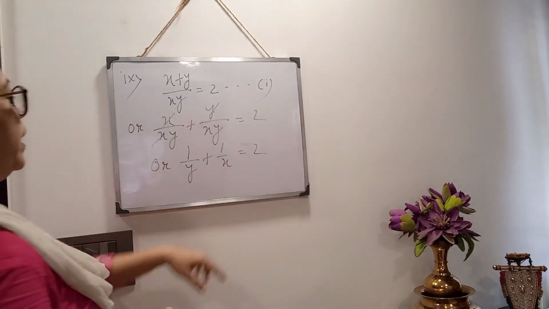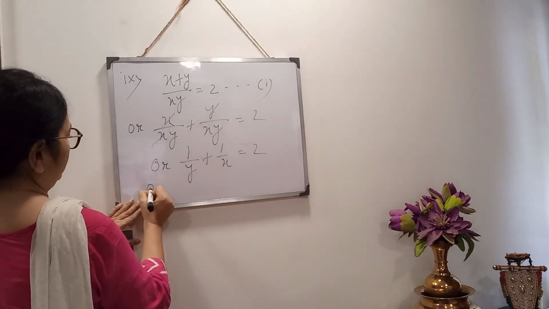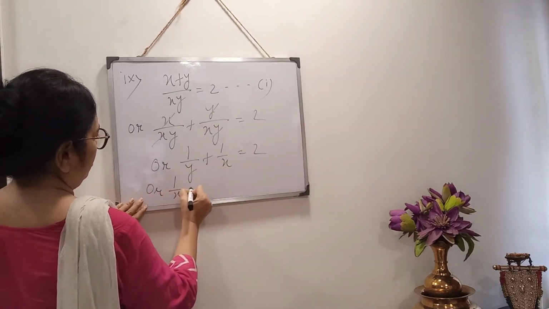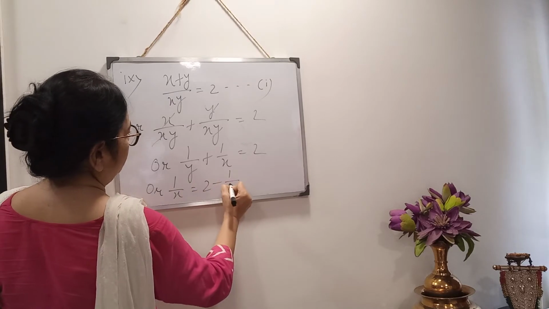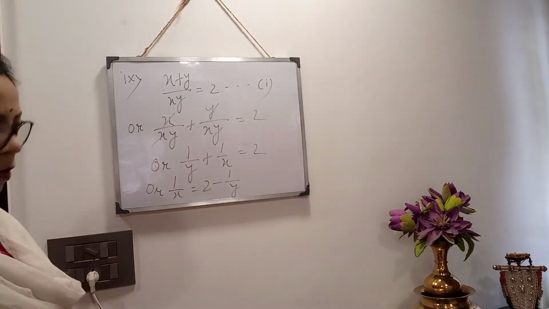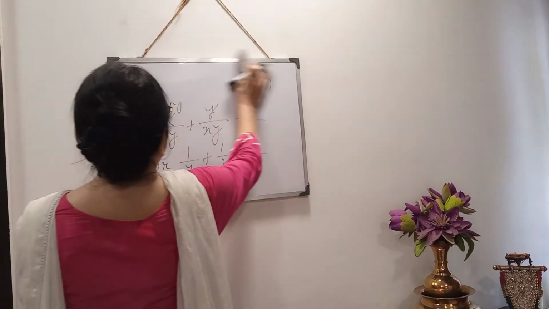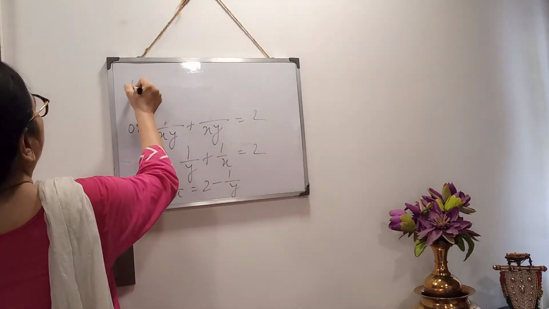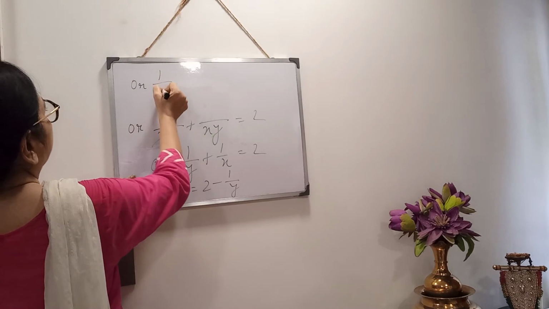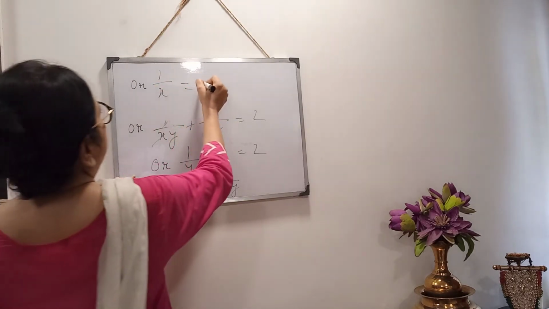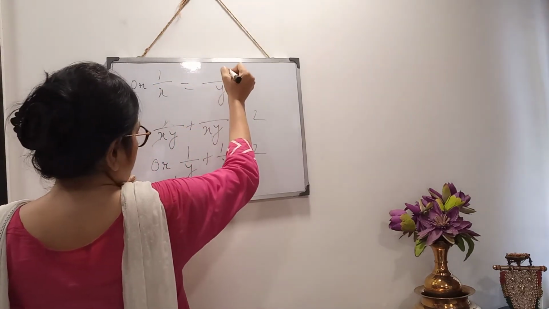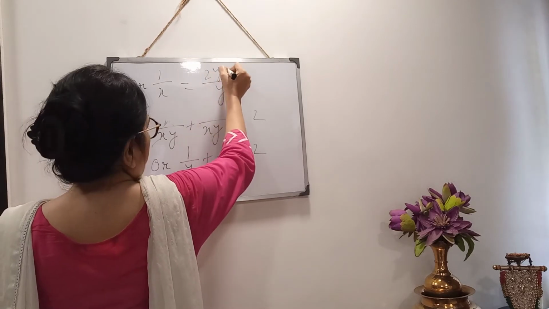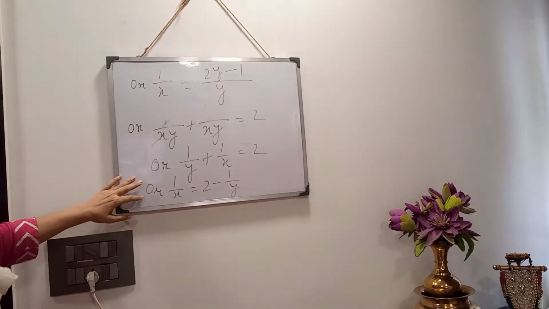Now from here we will express x in terms of y. So 1 by x equals 2 minus 1 by y. Clear? Then take the LCM: (2y minus 1) by y.